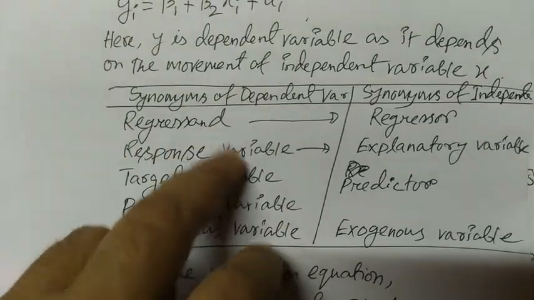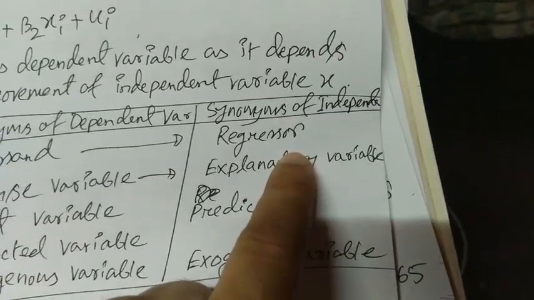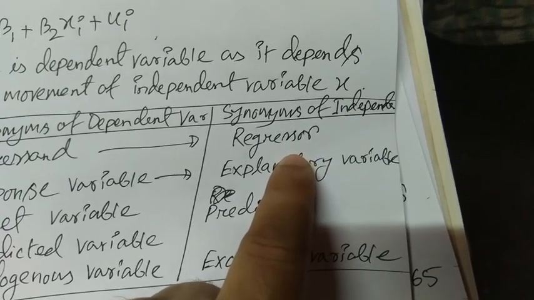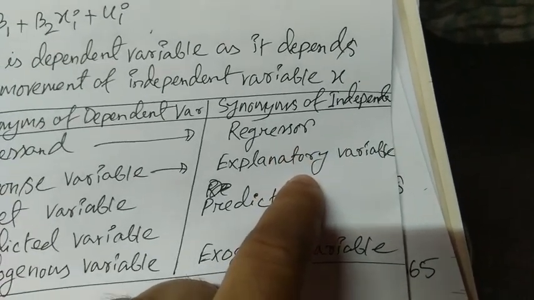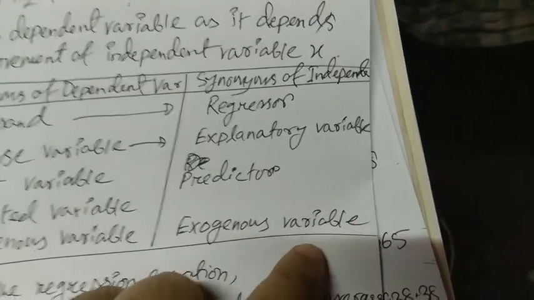These are all different names of the dependent variable. Synonyms of the independent variable: some people call it regressor, some call it explanatory variable, predictor, exogenous variable.